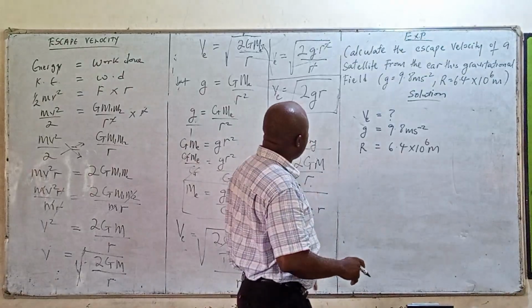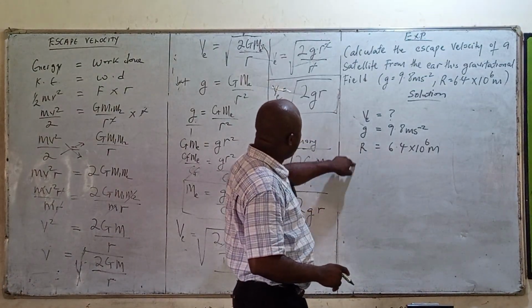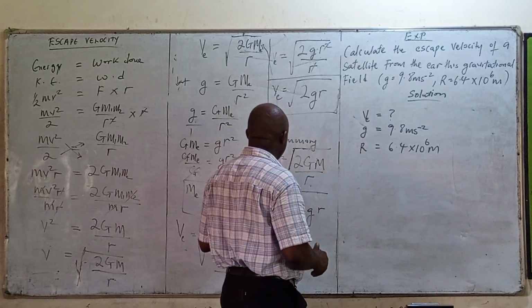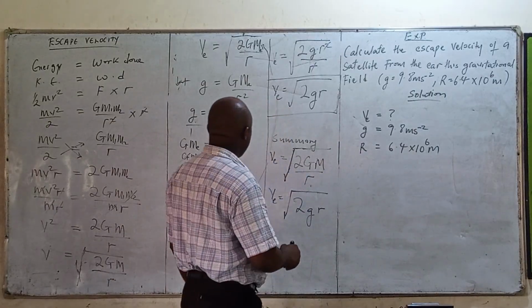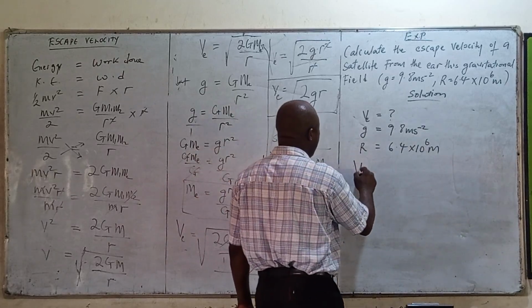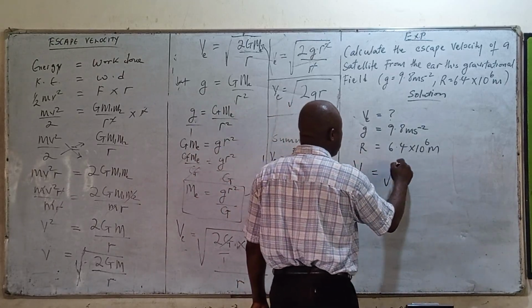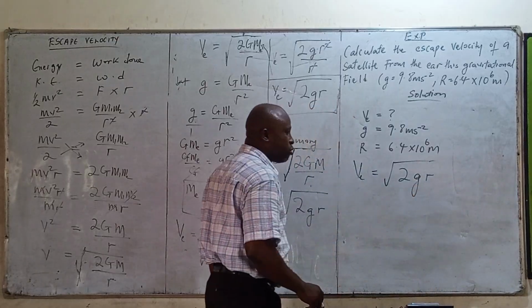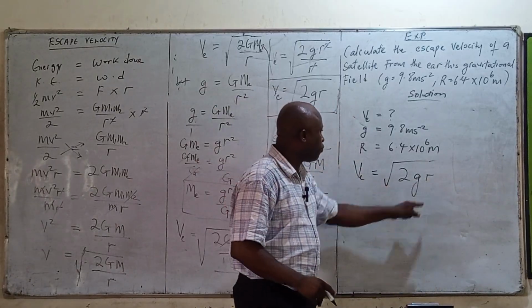Now we have V, g and R, which means that we are going to use the second formula from the summary. We have number 1 and number 2. We are going to use escape velocity equals square root of 2gR, where g is acceleration due to gravity and R is the radius of the Earth.